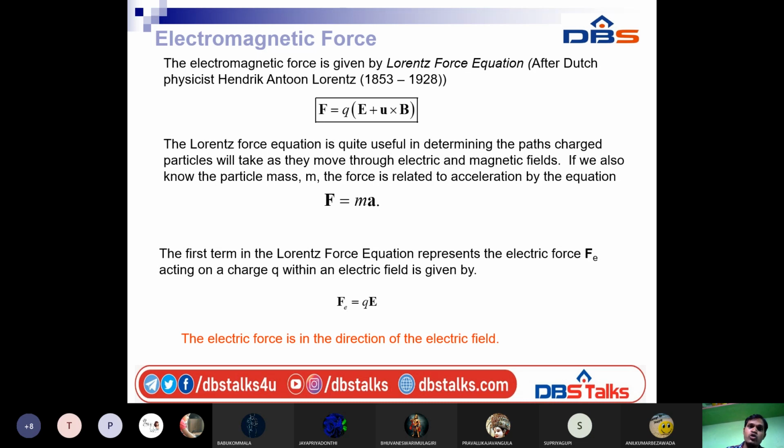From this I want to split the electric force followed by the magnetic force. In the equation, the first element describes the electric force and the second element describes the magnetic force. So that is what I have split here.